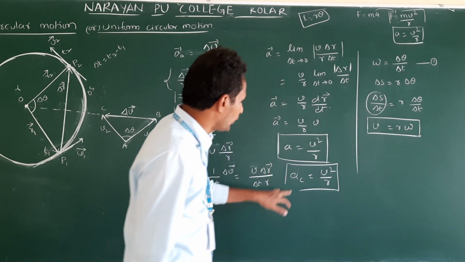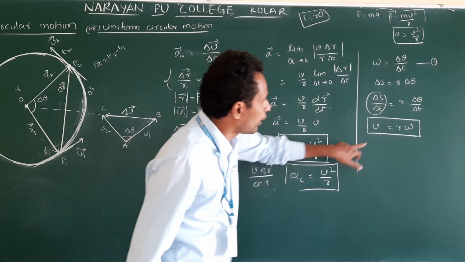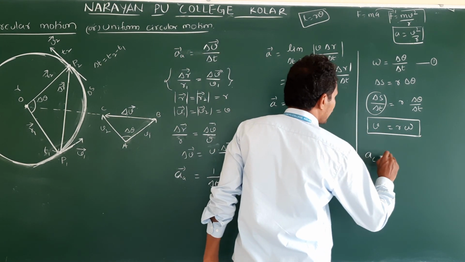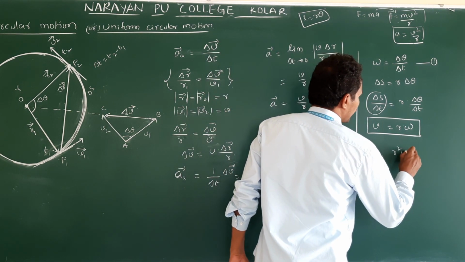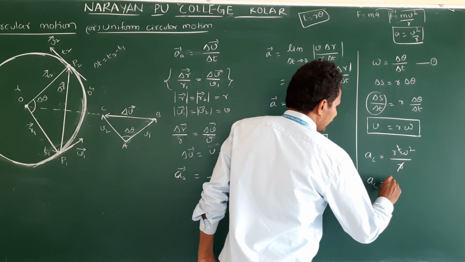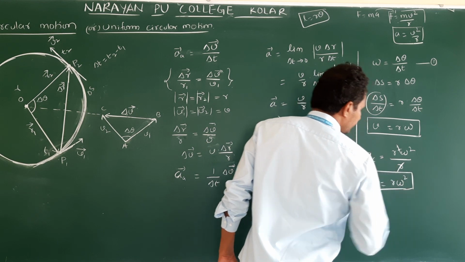Now, what is the centripetal acceleration equation? AC is equal to v square by r. What did we get for v? v is r omega. So another form of centripetal acceleration is AC is equal to r square omega square by r. One r cancels. AC is equal to r omega square.